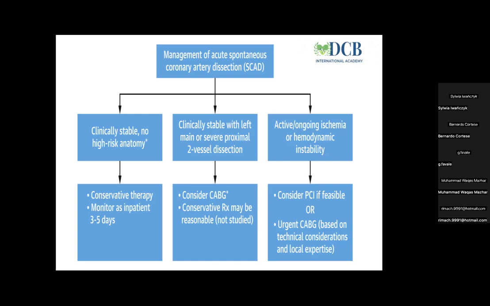So if a patient comes to my cath lab with a proximal vessel dissection, I would try to fix it with a stent, of course with some tips and tricks that need to be taken into account in this type of PCI. But I would not send the patient to surgery.